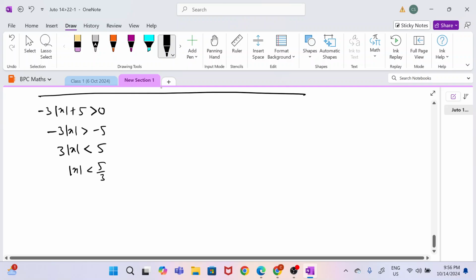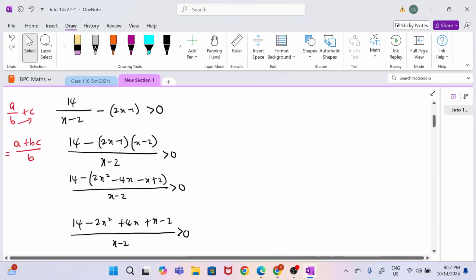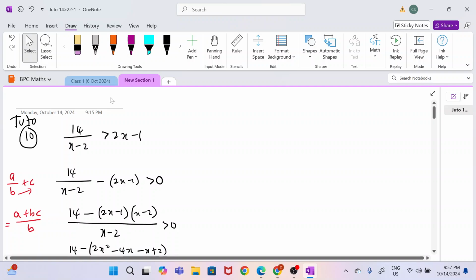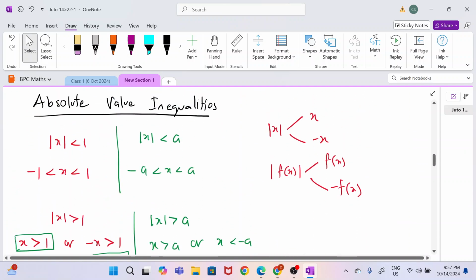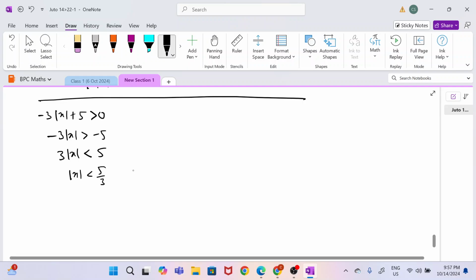As I told you, for this one, which formula can we use? The first one, where is it? Here, this one. Okay, I'm using this one. X is in between negative 5/3 and 5/3. Leave it first, this one.